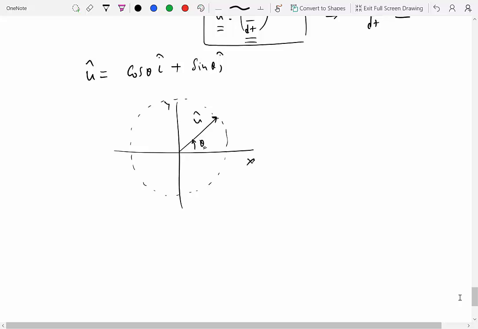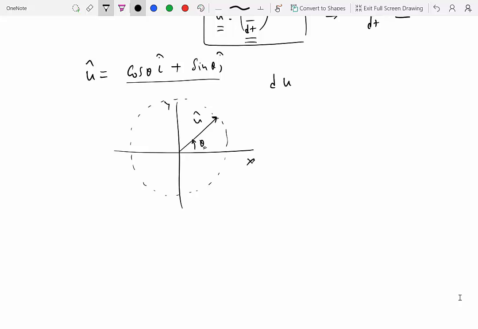And it's clear that the magnitude is 1 because the square root of cosine squared theta plus sine squared theta is 1. Okay, so d over dt of u hat can be written as d over d theta of u hat times d theta over dt. I need to bring theta in because I have u hat given as a function of theta. So d theta over dt is theta dot.